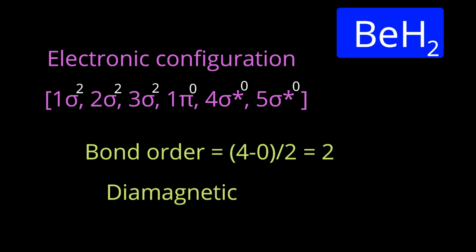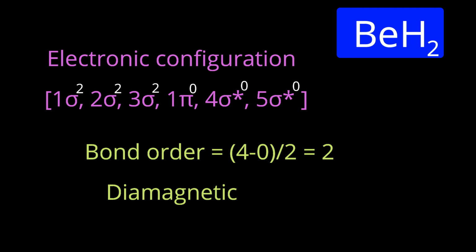To find the bond order, the formula is the number of electrons in bonding orbitals minus the number of electrons in anti-bonding orbitals, divided by 2. How many electrons are there in bonding orbitals? 2 electrons in 2 sigma and 2 electrons in 3 sigma, total 4 electrons. And in anti-bonding orbitals, no electrons. So 4 minus 0 divided by 2. The answer is 2. 2 bonds are there.